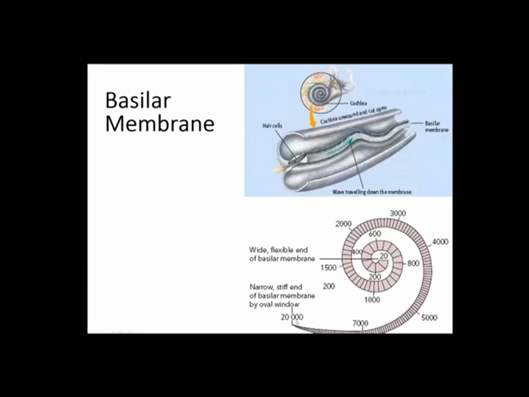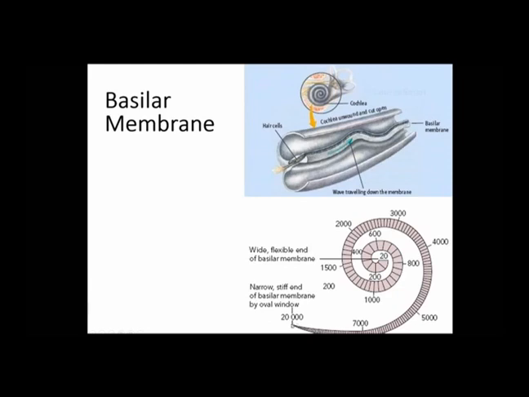And at the very beginning, so the closest we are to that oval window, the basilar membrane is very stiff and narrow. And so those qualities of being stiff and very narrow mean that it's going to vibrate at very high frequencies. So it would vibrate along with, say, the upper end of our hearing.